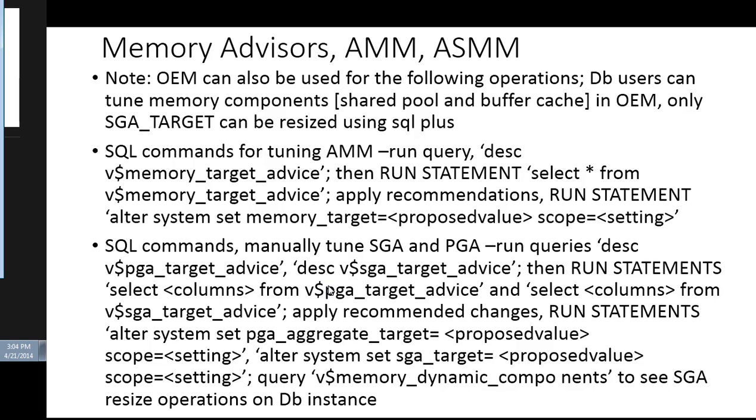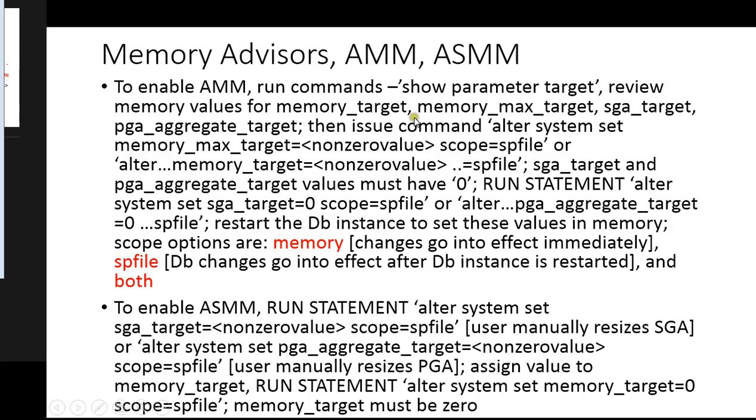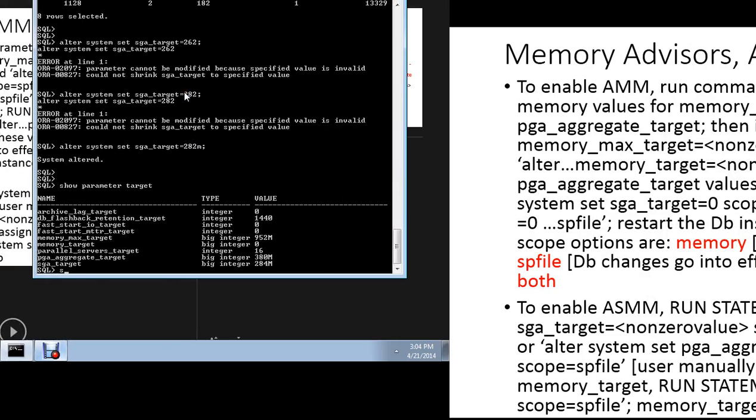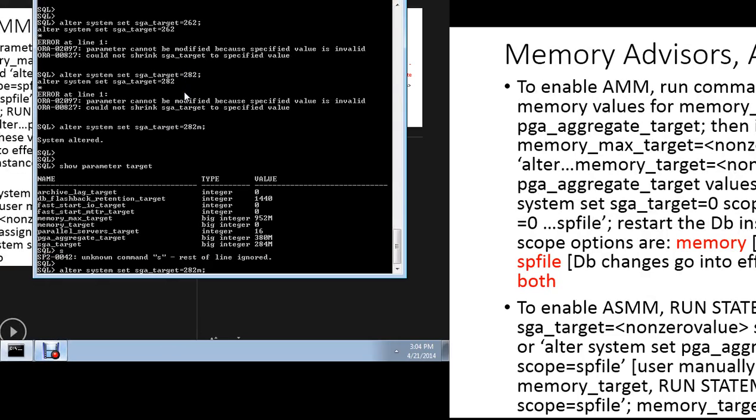What I would do next is, I already have these. This is what I just went over. Optionally, you can also, what I did earlier is I ran one of my alter system statements with scope.